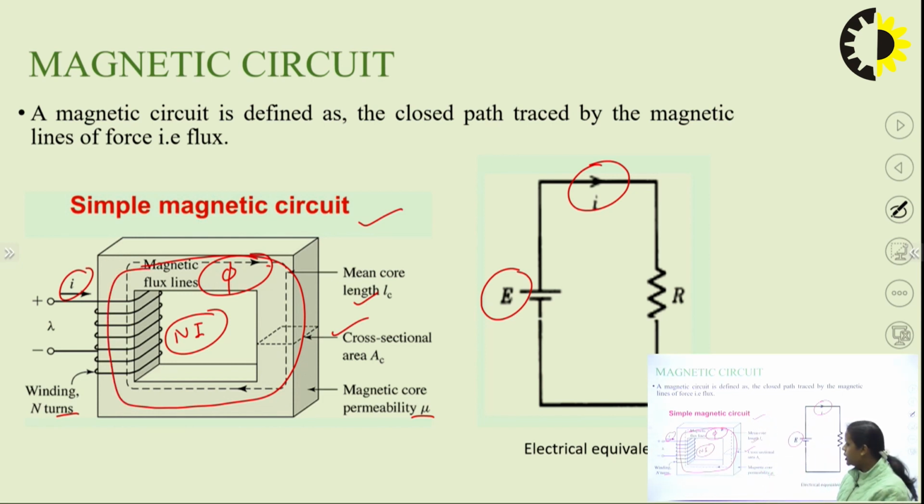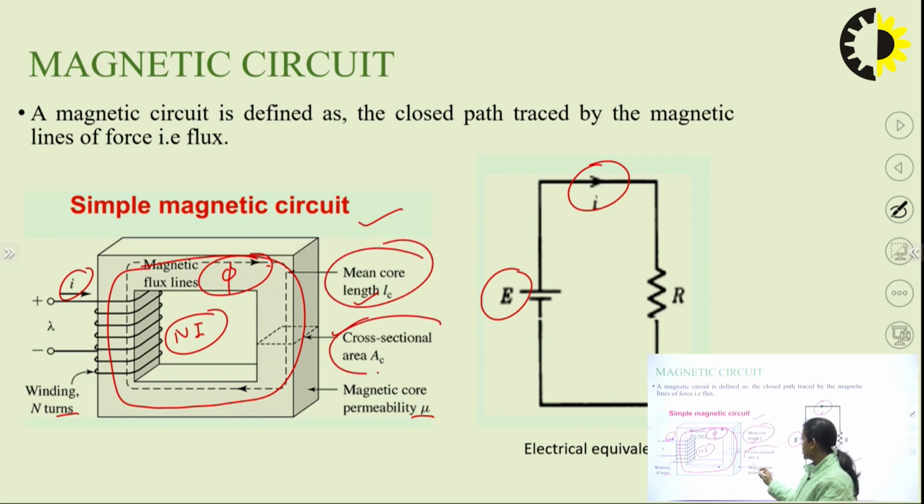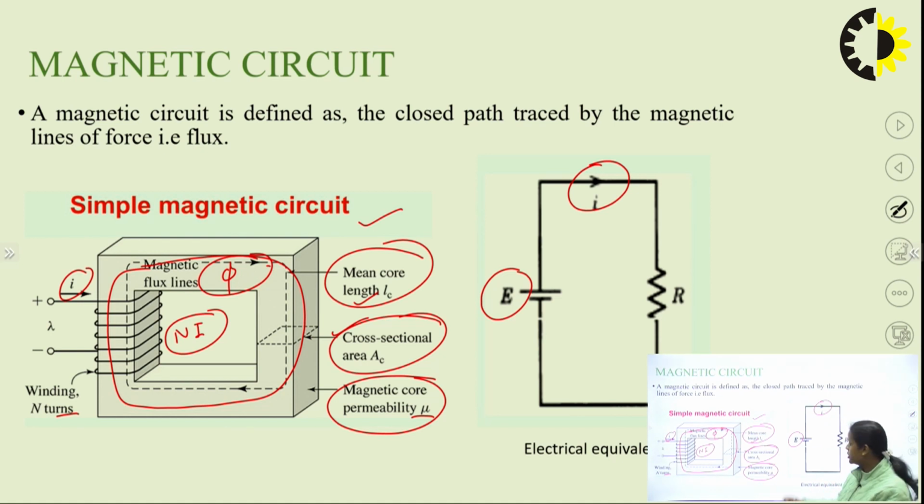The reluctance S depends upon the mean length, the cross sectional area, and the permeability, these three factors. So this reluctance can be replaced by the resistance. So this is the electrical equivalent circuit of this magnetic circuit, right?